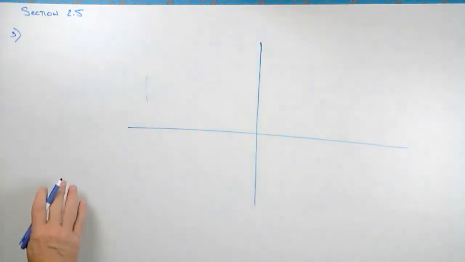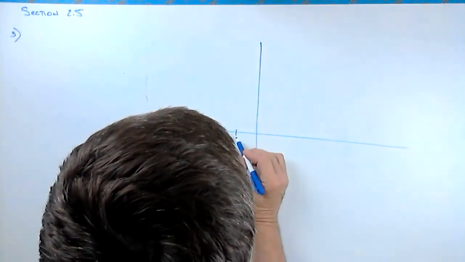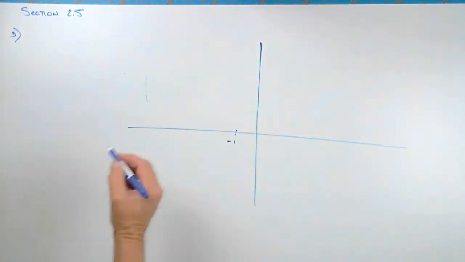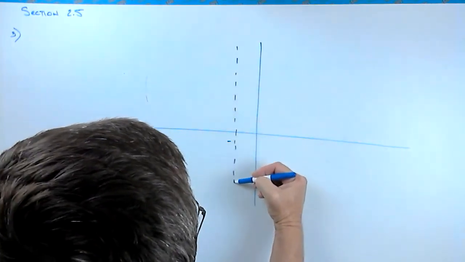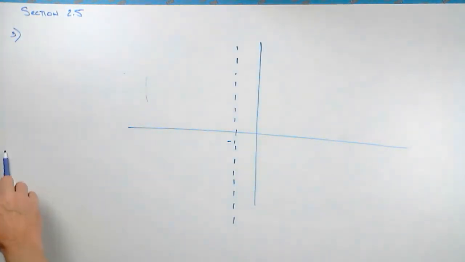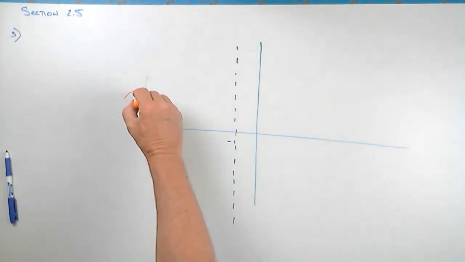So we have a function, and it has a vertical asymptote at -1. So I'm going to go ahead and draw our vertical asymptote like this. And our function is squiggly.